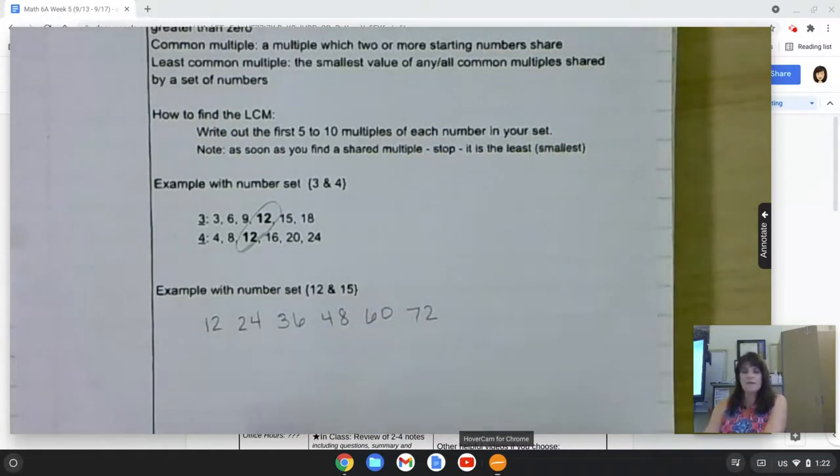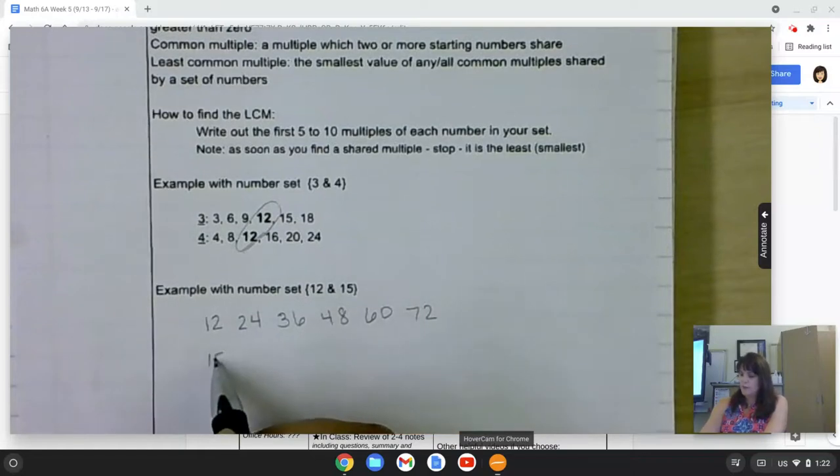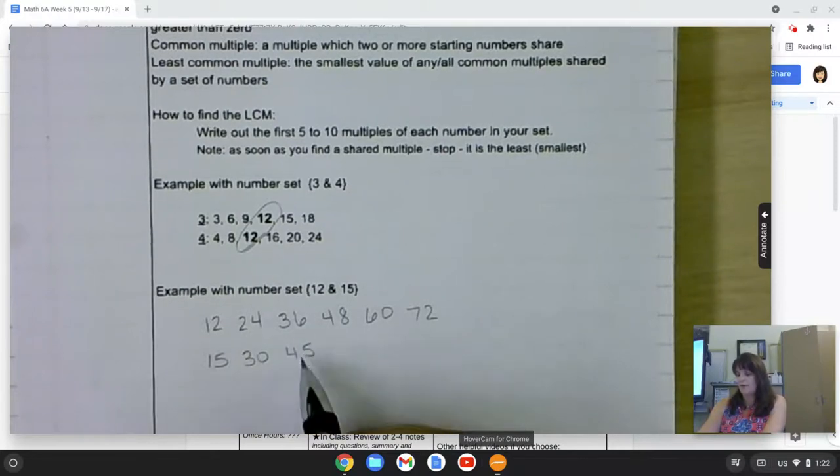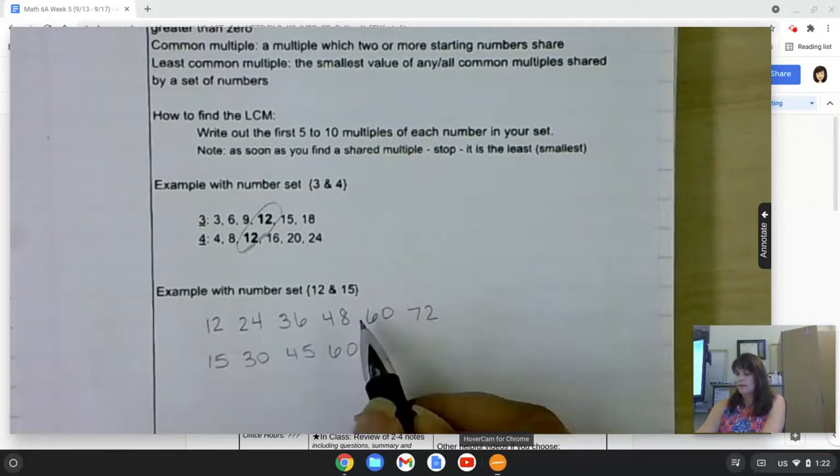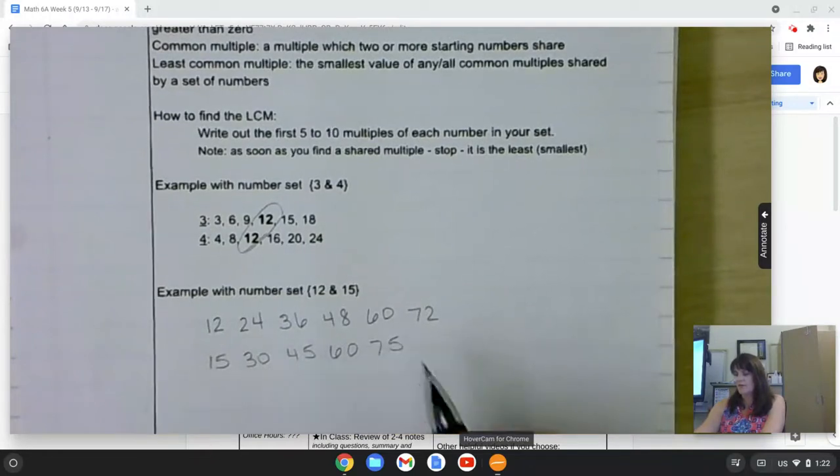What if I counted by 15s? 15 times 1 is 15. Times 2 is 30. Times 3 is 45. Times 4 is 60. Times 5 is 75.